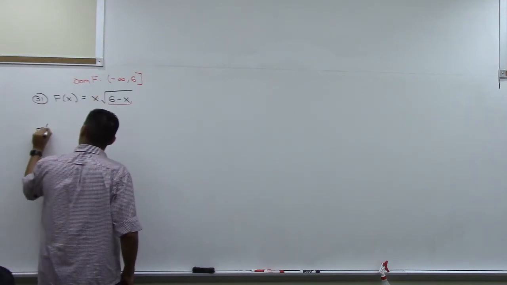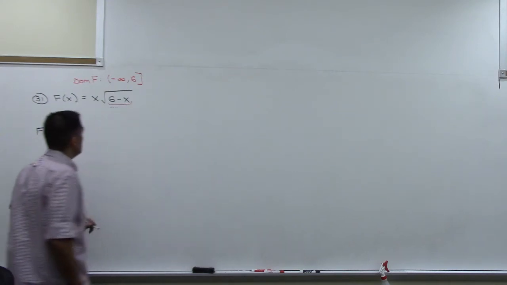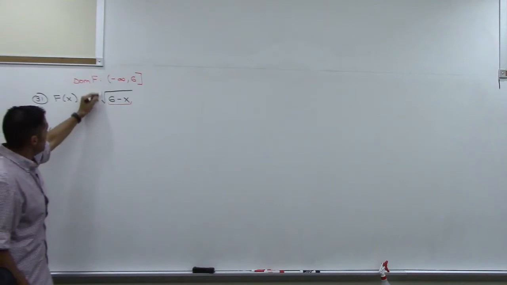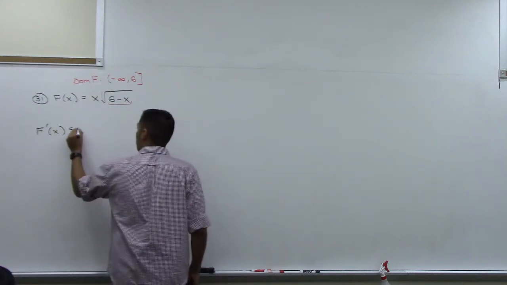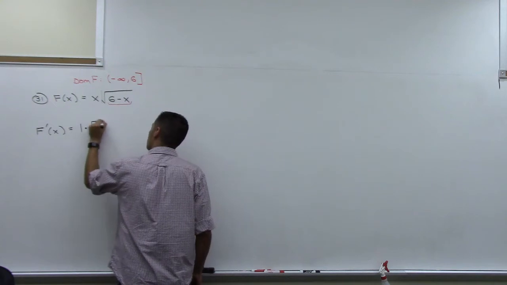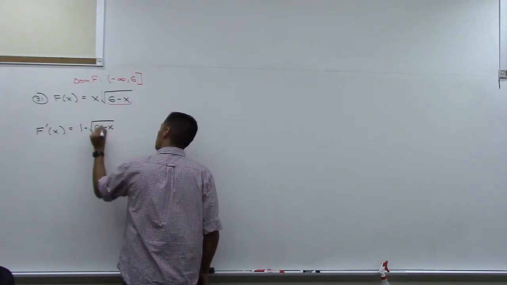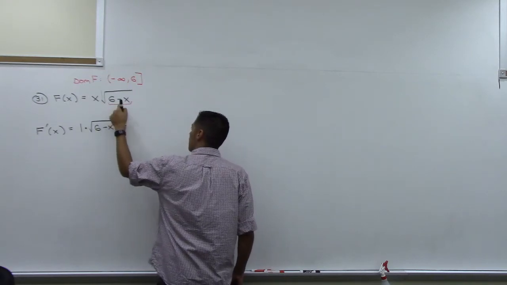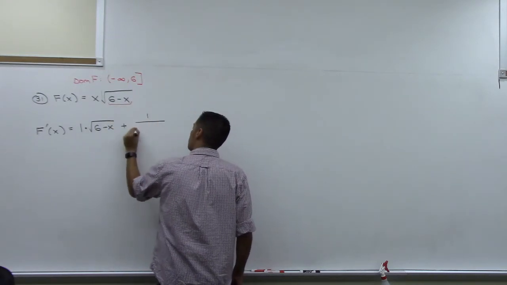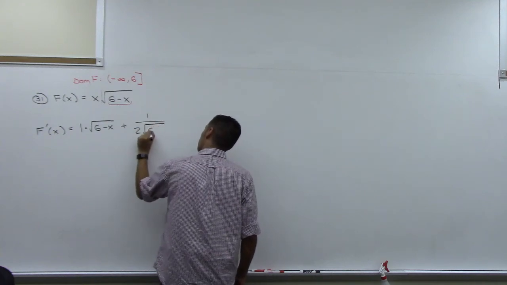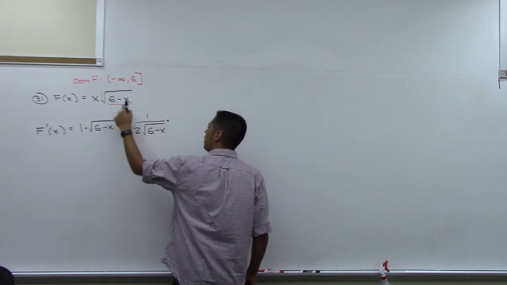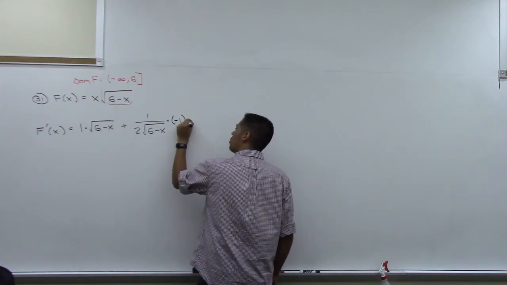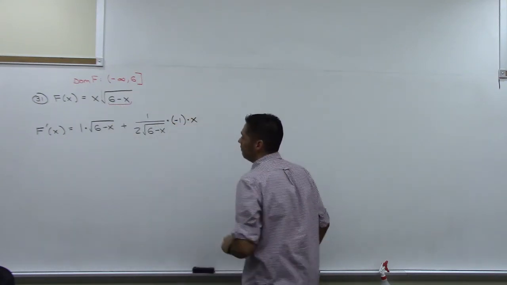Our first derivative is going to be, how about we do some product rule? Okay, so there's your product. Derivative of the first one is 1 times root 6 minus x, plus the derivative of the root of something, this is a chain rule, is 1 over 2 times the root of that something, times the derivative of what's inside, which is negative 1, and then finish off the product rule by bringing your x in.